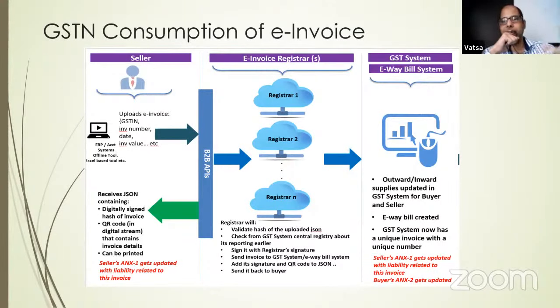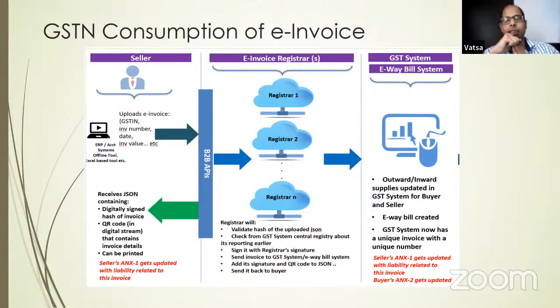People prepare GSTR1 in so many softwares, or they use the government's offline utility. So whatever utility you're using, you are preparing some document, some JSON, and uploading that in the government portal. Similarly, for e-invoice, there is a standard, there is a format. You will prepare the document and upload it either through APIs or directly in the software.